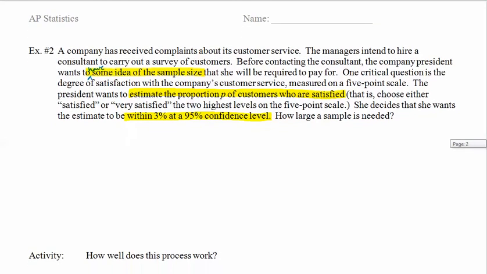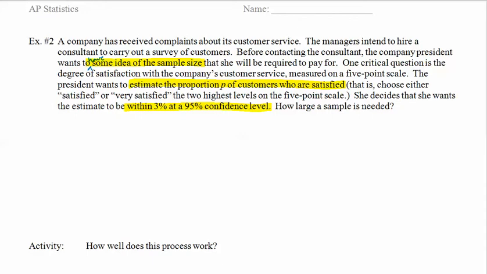Okay. So, our calculation for confidence interval is our point estimate plus or minus the margin of error, in other words, the point estimate plus or minus the critical value times our standard error.